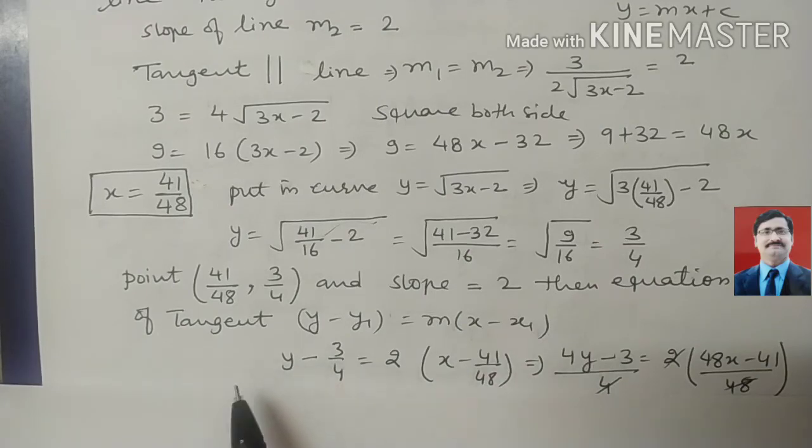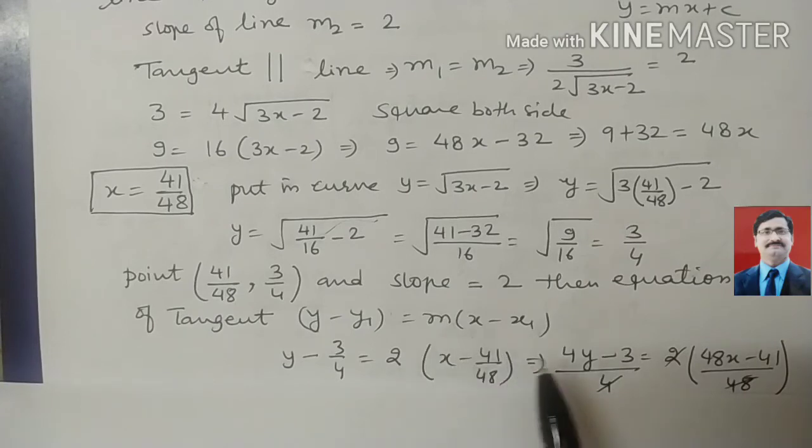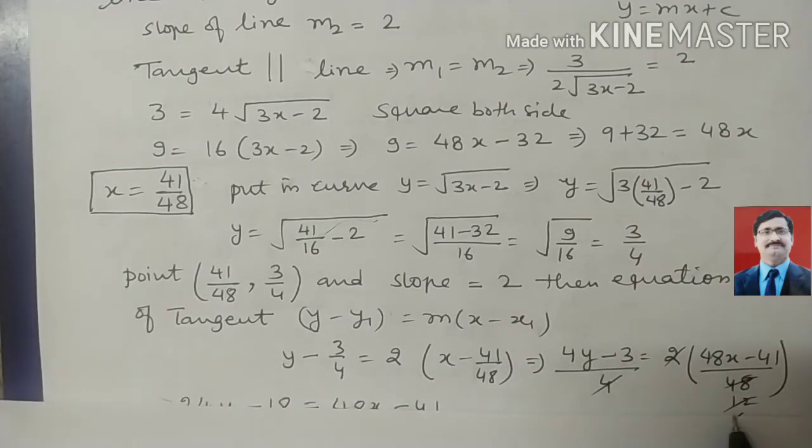On the left the LCM is 4, so (4y minus 3) upon 4, and on the right hand side also we take the LCM, 48 is the LCM, so we get (48x minus 41). This 4 and 48 we can cancel, we get 12, and 12 we can cancel by 2, we get 6. Now we do the cross product. We get 24y minus 18 equal to 48x minus 41.